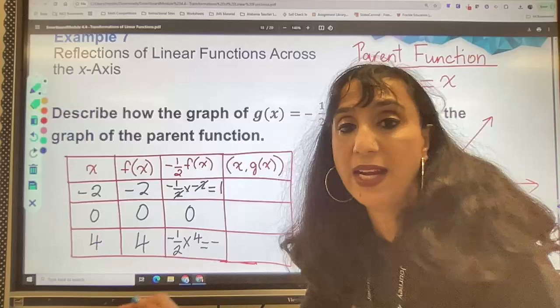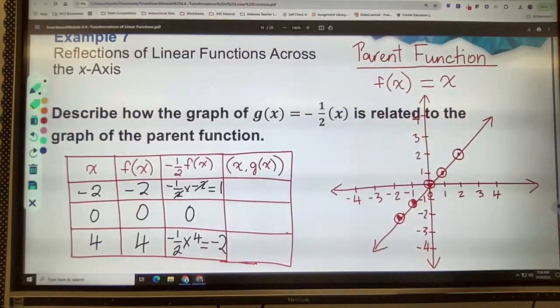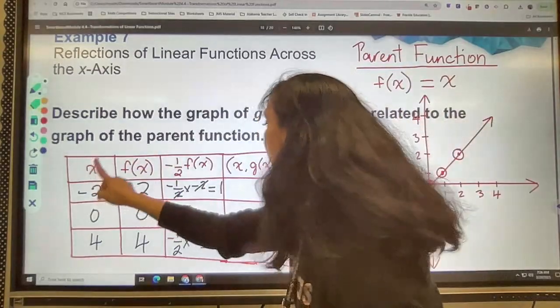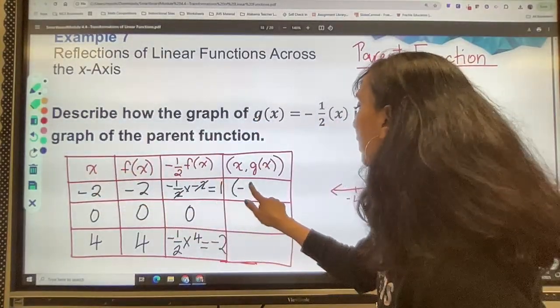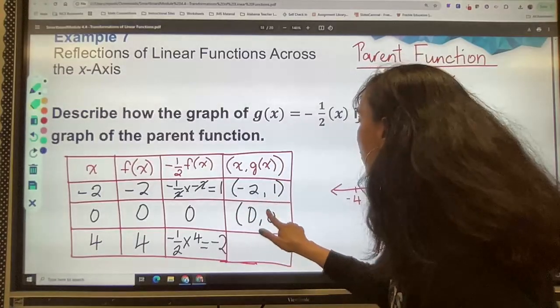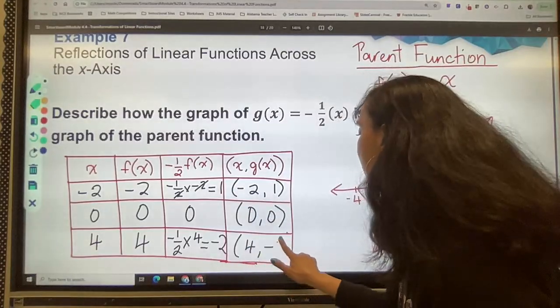And 4 divided by 2 is going to give me 2, so -2. So here are my values now. My g of x ordered pairs are going to be -2, 1, 0, 0, and 4, -2.